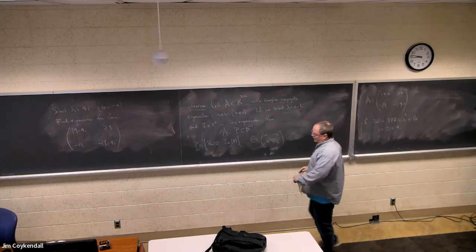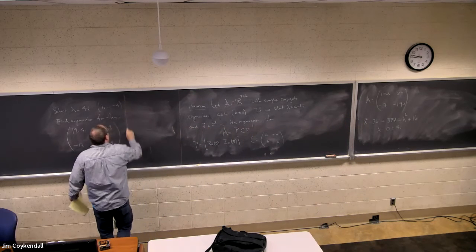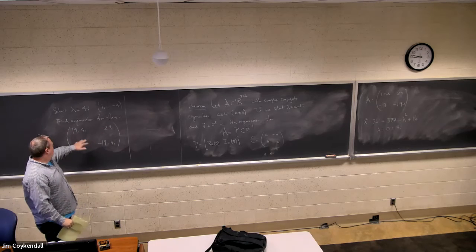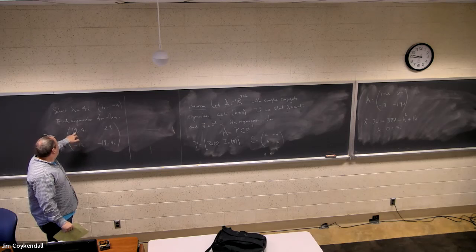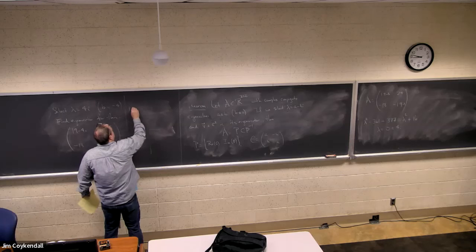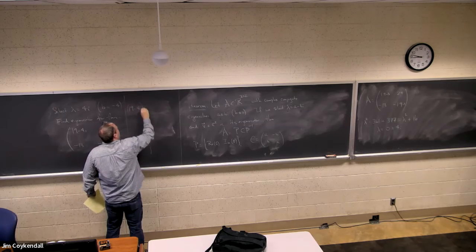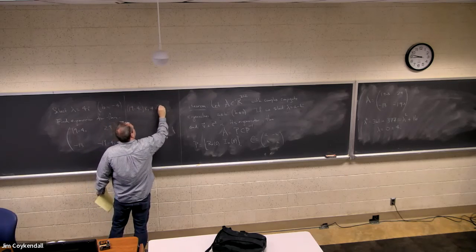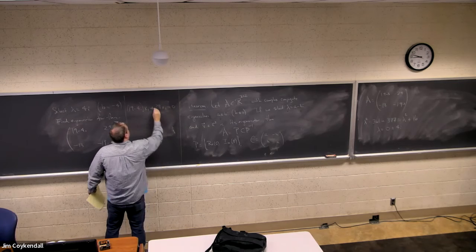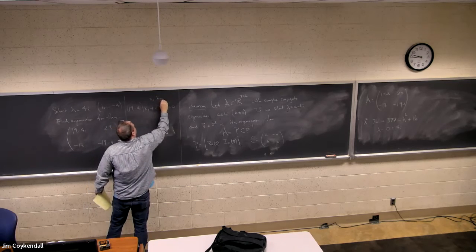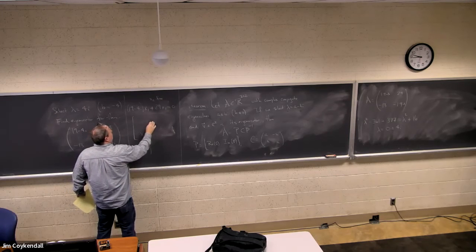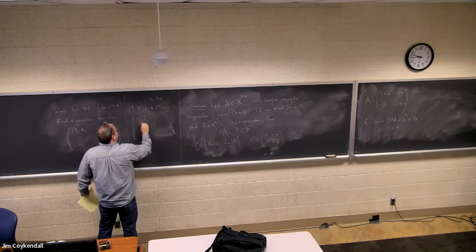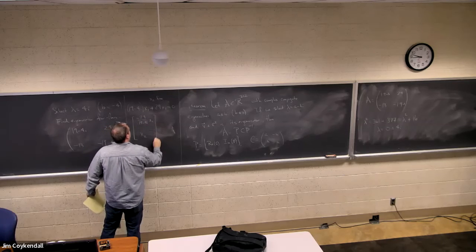Now just as before, you can row reduce the matrix if you like. However, this row is a multiple of this row, so I'm just going to take advantage of that. So I get 19 minus 4i times x1 plus 29 x2 is 0. And x2 will be 3, and so I get an eigenvector that looks like this, with x1 equal to minus 29 over 19 minus 4i times x2.